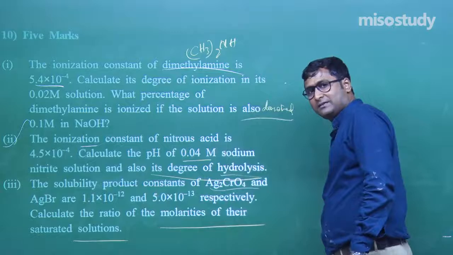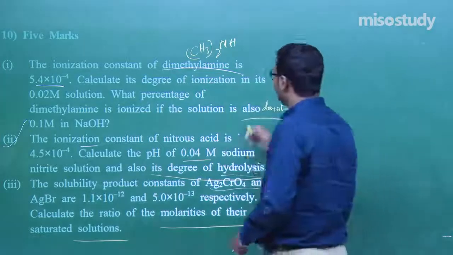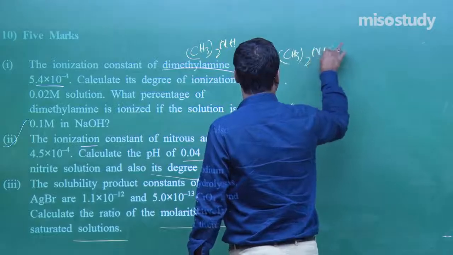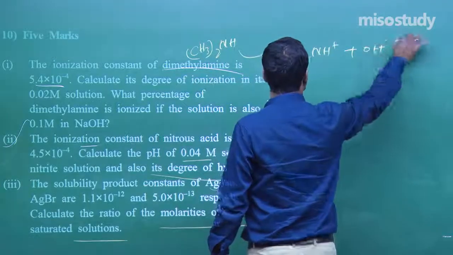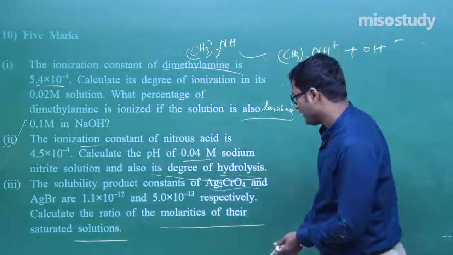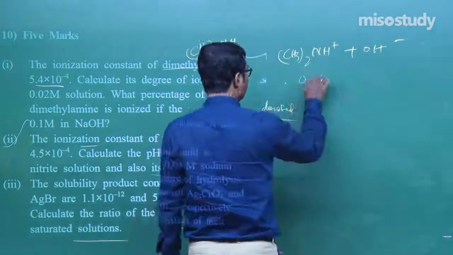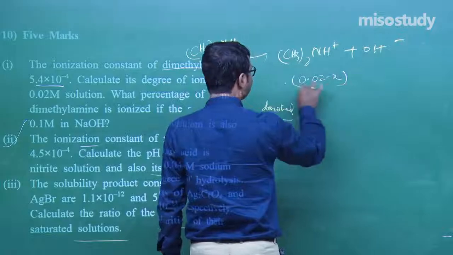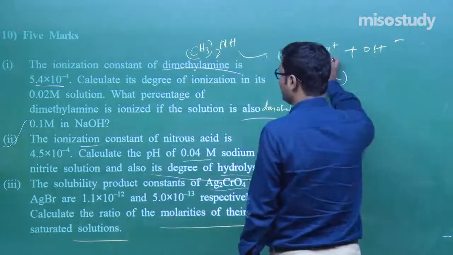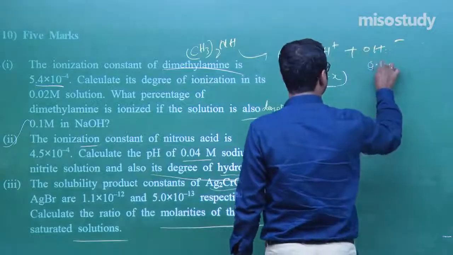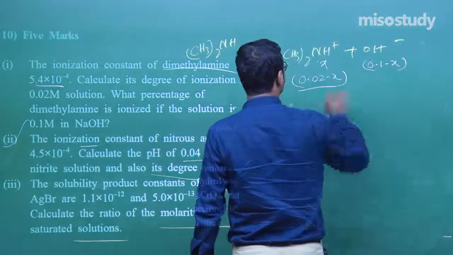So what will happen in this case? It will form (CH3)2NH2+ and OH-. This is the case. And what is given here? 0.02. So at equilibrium it is 0.02 minus X, and here we get 0.1 plus X, and this one is X.